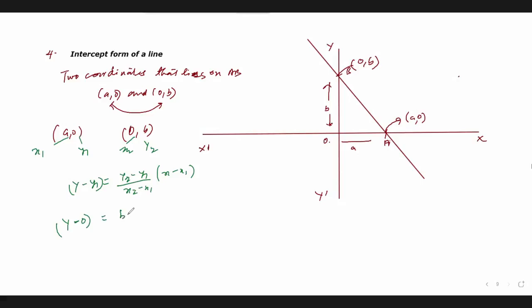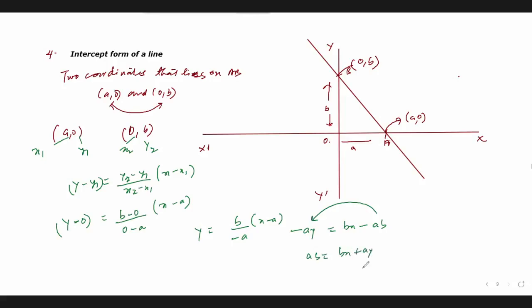So what will it become? y equals b upon minus a into x minus a. Minus ay is equal to bx minus ab. So let us send this ab this side. ab is equal to bx plus ay.